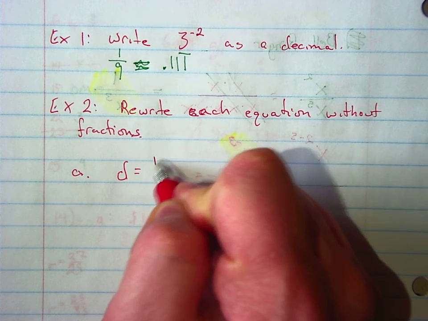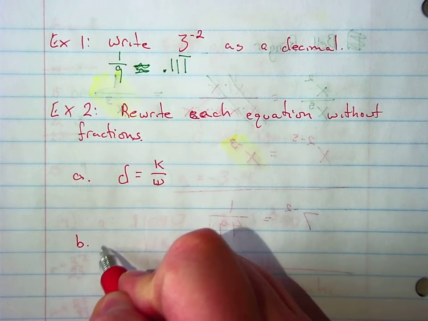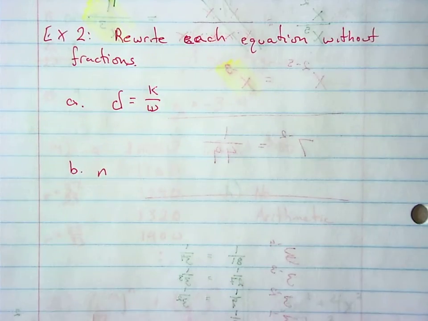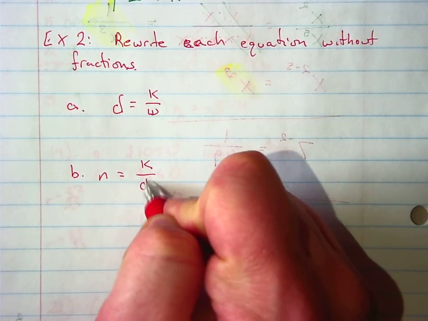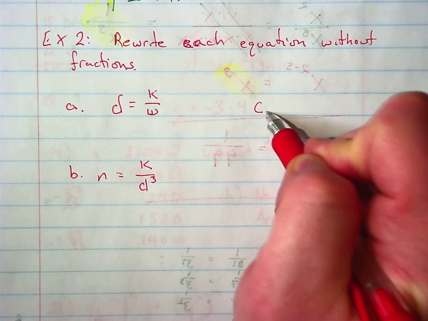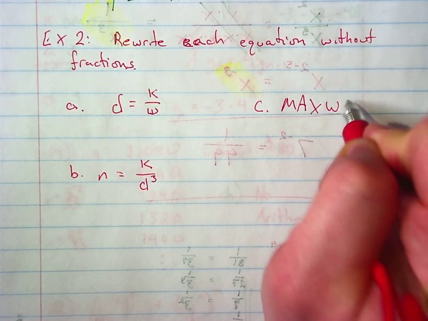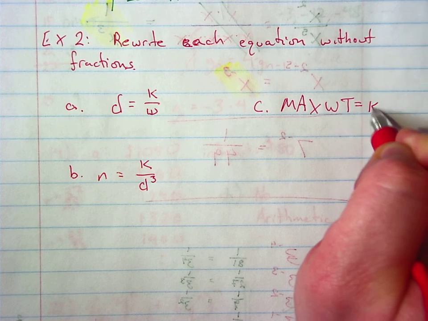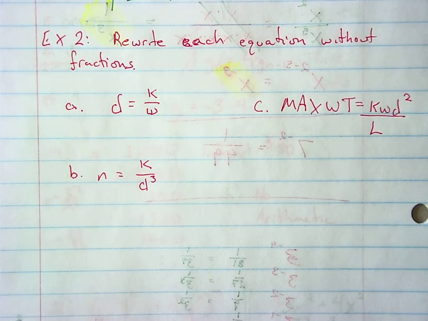So A, D equals K over W. B, N equals K over D cubed, like the distance cubed. C, something over L. Okay, I will help with the first one, and then I'm going to give you a minute to try to do the next two.